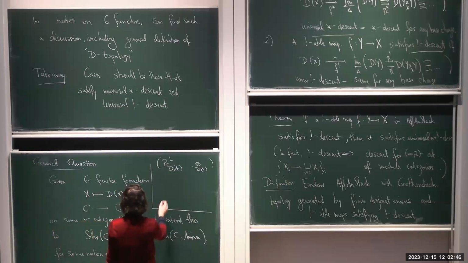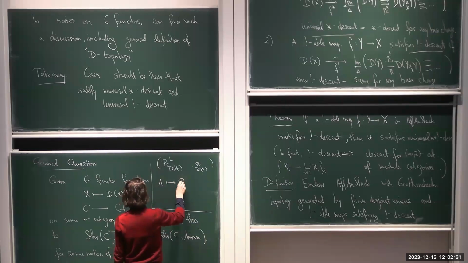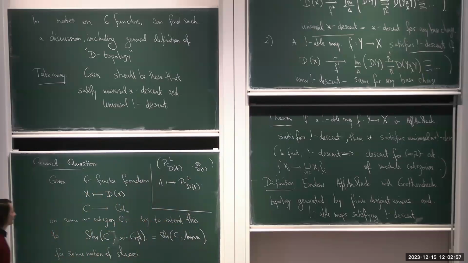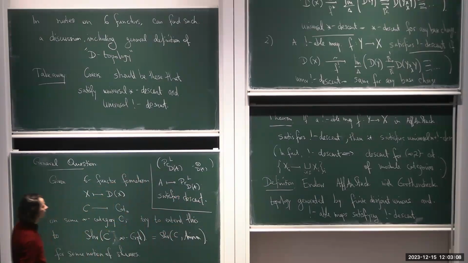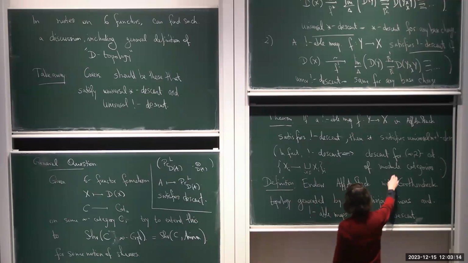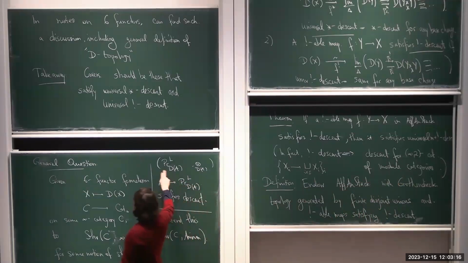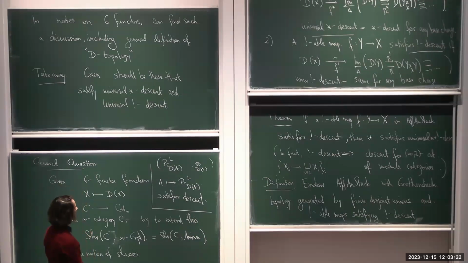And now you can also ask the question whether the association that takes such an A, or the Spec of it, to this infinity 1 or infinity 2 category satisfies descent. It actually doesn't matter which one you choose for this purpose. By module categories, I mean objects in this thing, in Jacob Lurie's formalism.